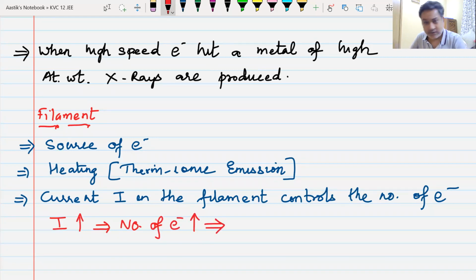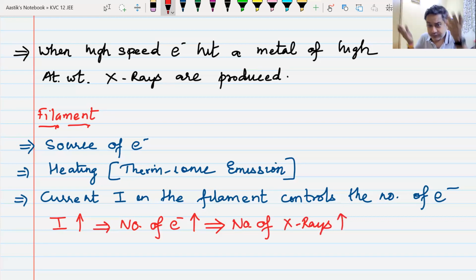Now, apply common sense. If more electrons are falling on the target, then what will happen? More X-rays. The number of X-rays increases; more X-rays are formed.